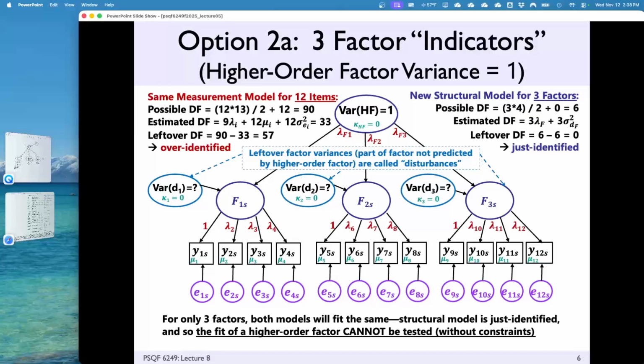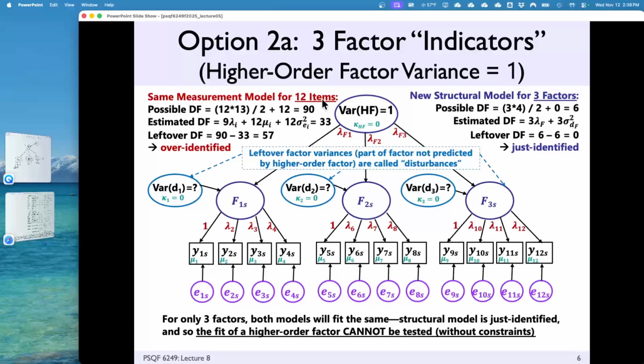Another way of representing this would be with the higher order factor itself, right? Once we put a higher order factor on this, we may identify it as a standardized factor, where the mean is 0 and the variance is 1. Now, the leftover factor variances are sometimes called disturbances, which I shouldn't have called that in my slides, but that's okay.